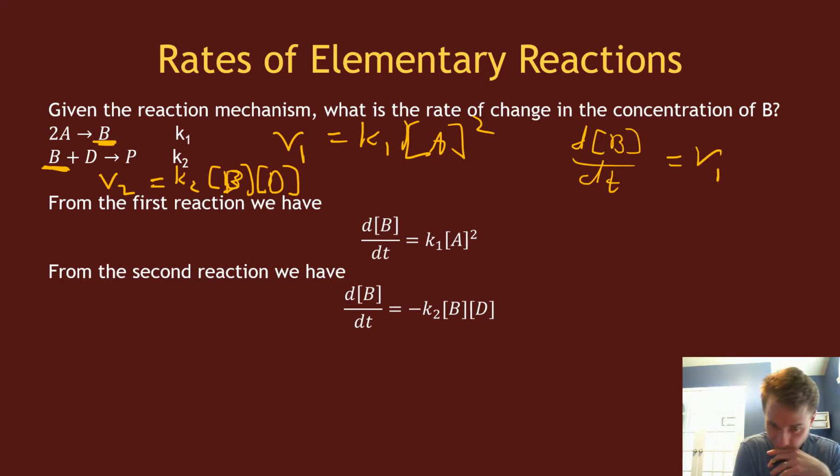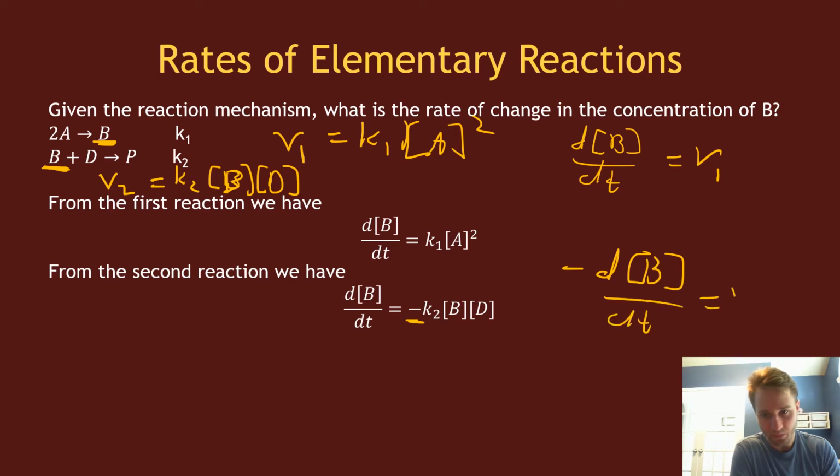And so for that second reaction, that's what we get. And so again, V2 is related with the rate of change of B. Now here, B is a reactant, so there's a minus sign that appears: minus dB/dt equals V2 for the second reaction.